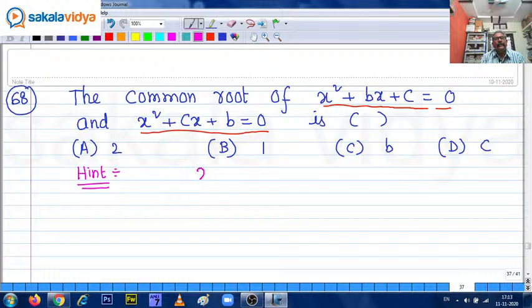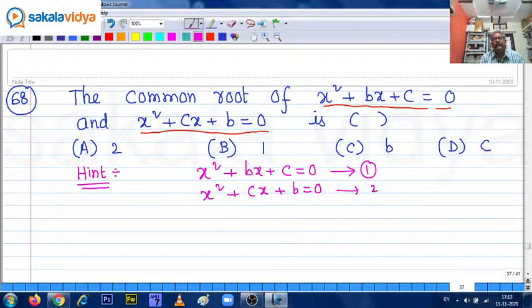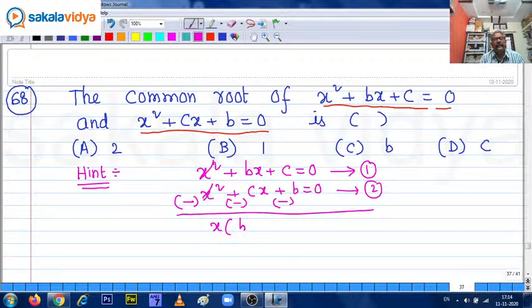For the common root, x square plus bx plus c equals to 0, say equation 1, and x square plus cx plus b equals to 0, say equation 2. Subtract equation 2 from equation 1. Change the signs. X square cancels. Bx minus cx, x common, b minus c, plus c minus b equals to 0.